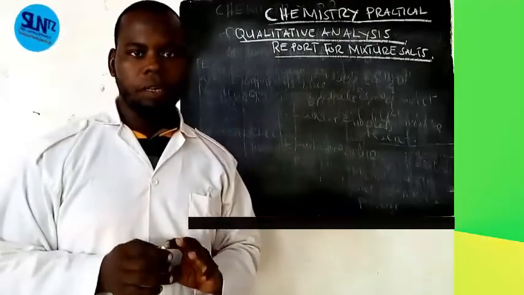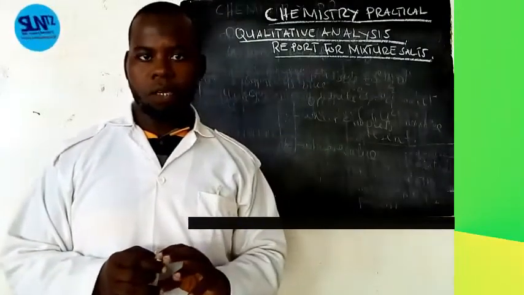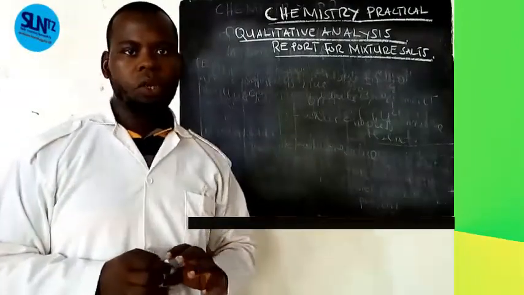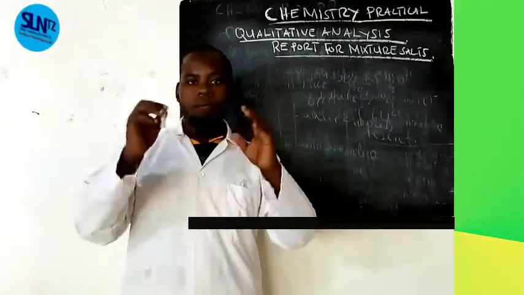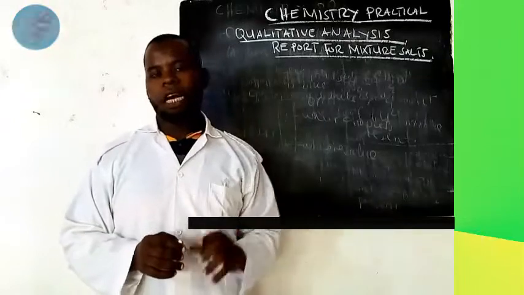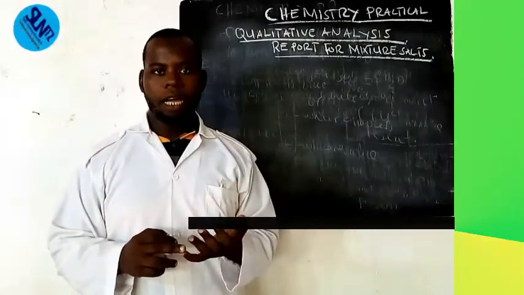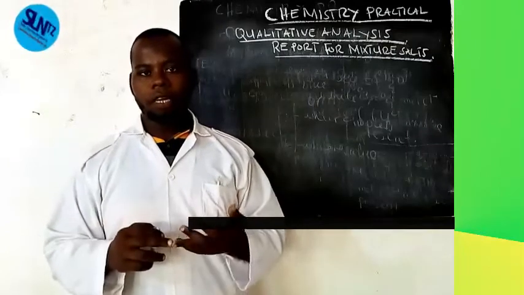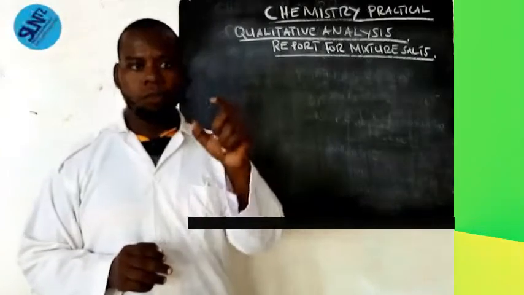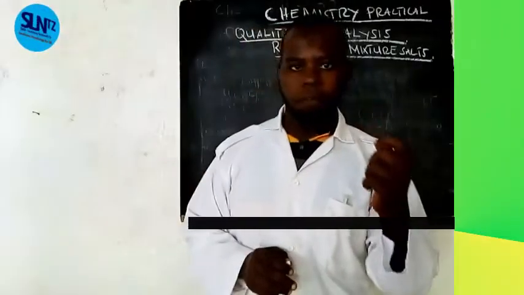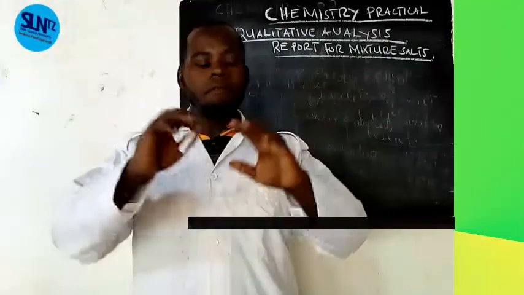In your testing, especially in advanced chemistry practicals, qualitative analysis or salt analysis, you can be provided a mixture of salts of different colors and different textures. Remember, we have two textures: crystalline form and powder form, and we have different colors.